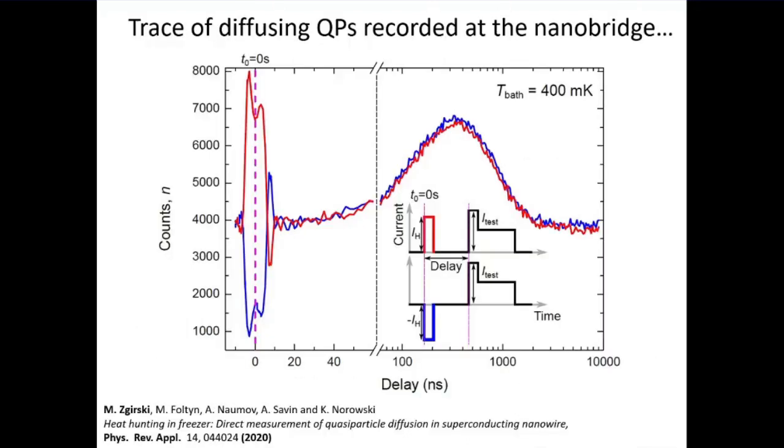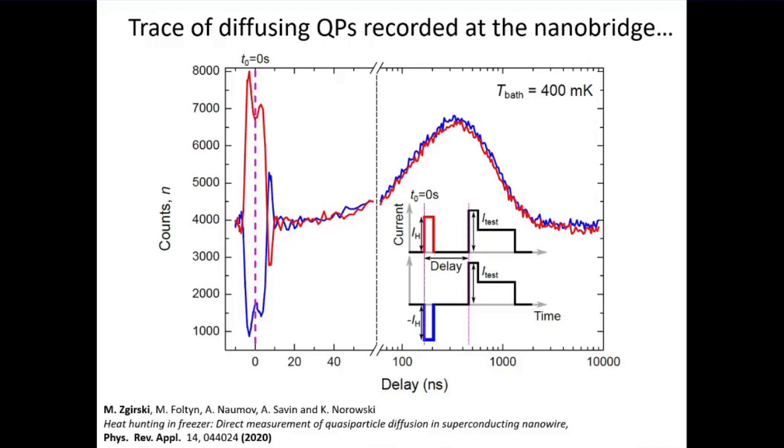So this is the result that we get. This is the probability, not normalized probability. So 8,000 is 0.8.